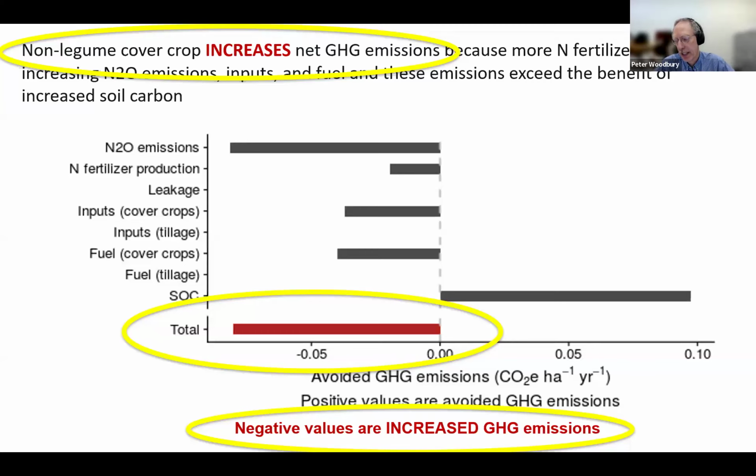Well, what's happening is that often with a non-legume cover crop, it's required to add additional nitrogen fertilizer to make sure the subsequent crop has adequate nitrogen. So there's an increase in emissions associated with that. Just as for the legume cover crop, we also have some emissions associated with the inputs for the cover crop and the fuel that's used.